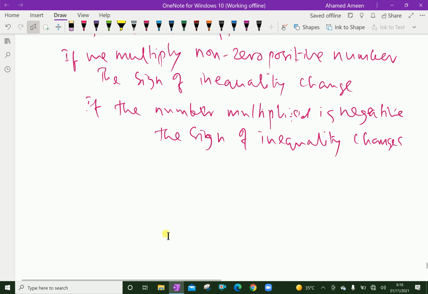That means, suppose x is greater than 3. If you multiply it with minus 2, the sign will change. Since you are multiplying both sides, if you put that minus, the sign will change.